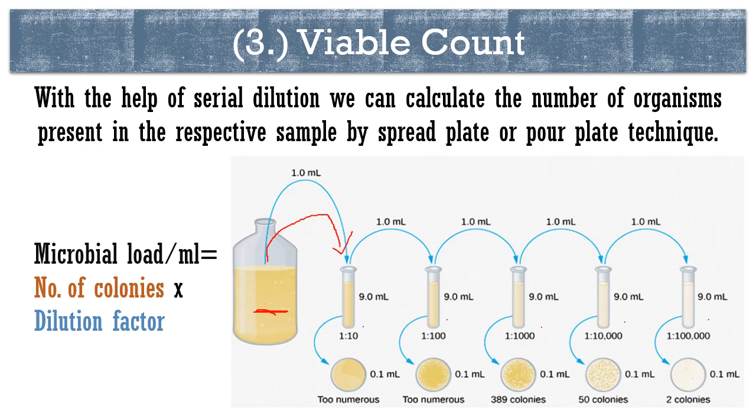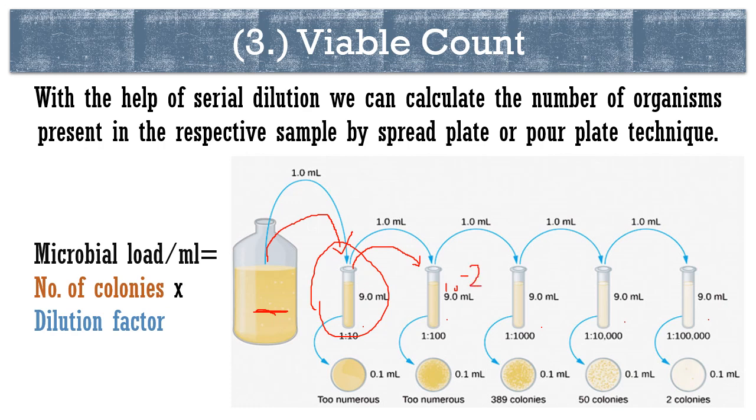Now the next step is, from this tube we again take 1 ml of sample and transfer it into another tube. So this becomes a 10 raised to minus 2 dilution.